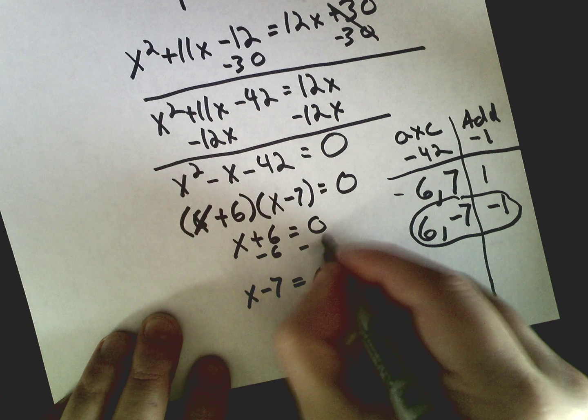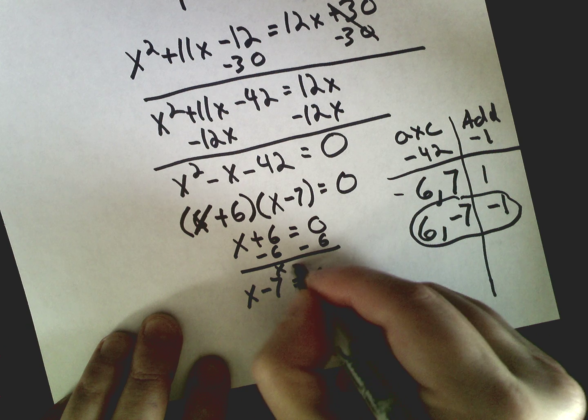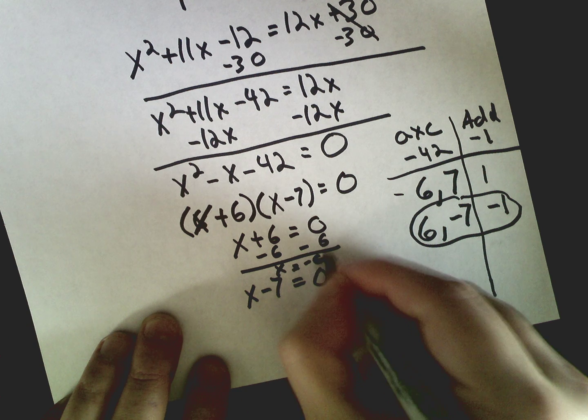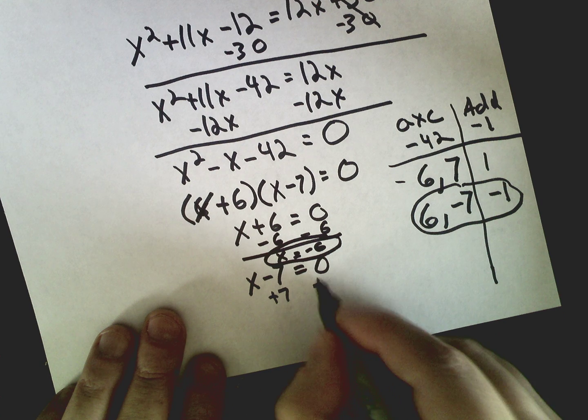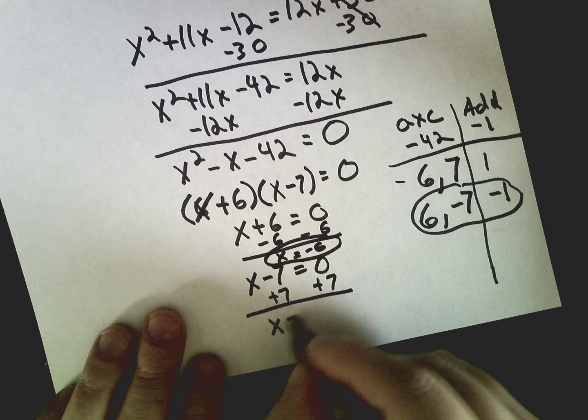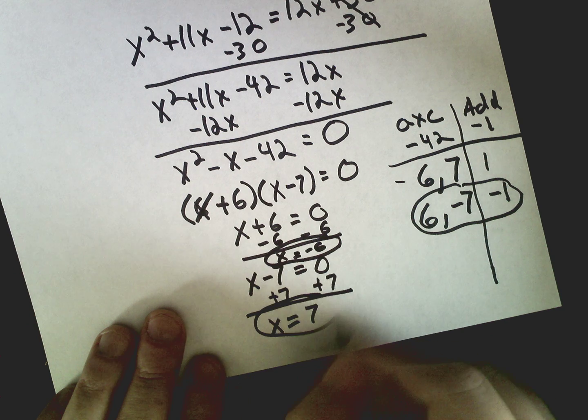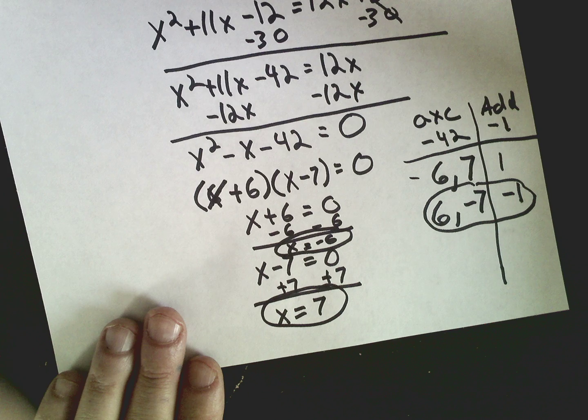So I can subtract 6 from both sides. So x can equal negative 6, or x equals positive 7. My two answers. Now, I got to put them back in and get my y's, but I got the x's already. So I'm almost done.